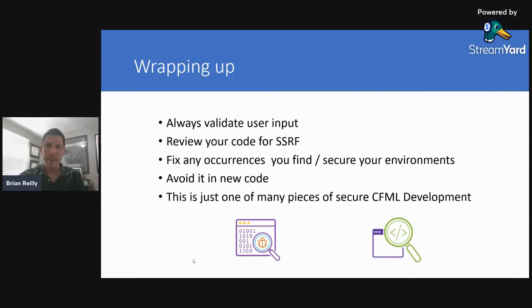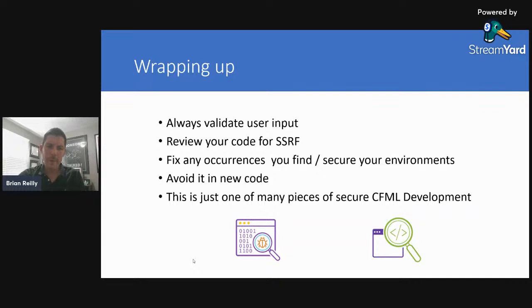That's kind of secure coding 101, whether you're worried about SSRF or any other type of vulnerability. When you have the results of that searching and testing, you're going to want to find and fix all the occurrences that you find, and secure your environments either through code changes, network changes, or server changes, to make it so that attackers can't exploit them.